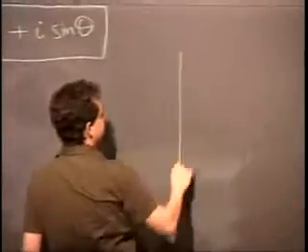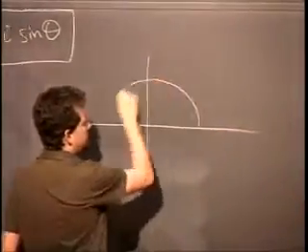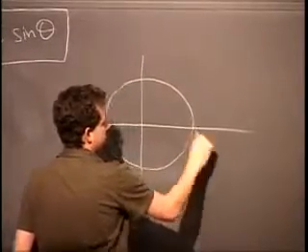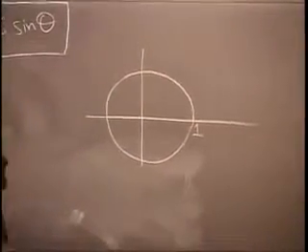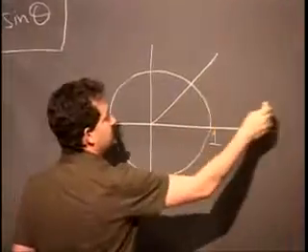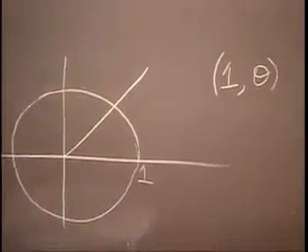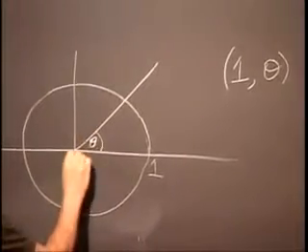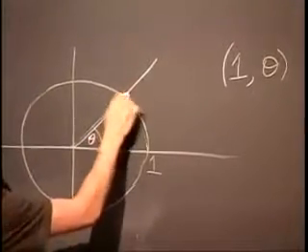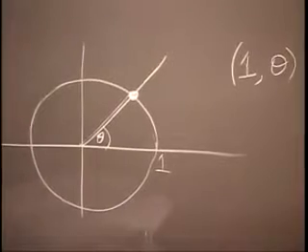Well, let's look at polar coordinates. Let's just take a point on the unit circle. Let's say I consider the polar coordinates 1, theta. That means you're going to turn theta here, and you're going to march up 1. So you'll end up at this point on the unit circle.